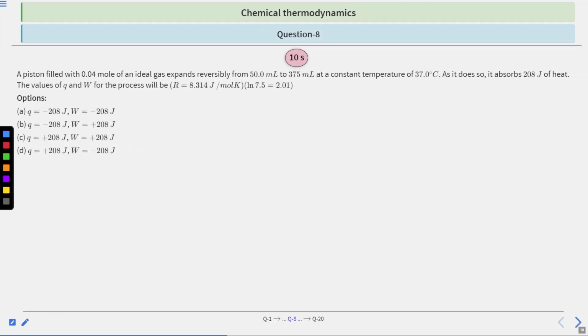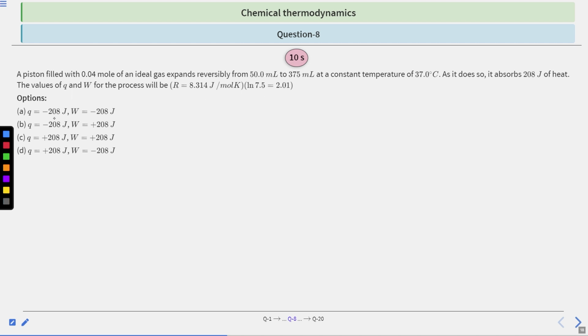Moving to question number 8. A piston filled with 0.04 mole of an ideal gas expands reversibly from 50 milliliter to 375 milliliter at a constant temperature of 37 degrees Celsius. As it does so, it absorbs 208 joule of heat. The value of Q and W for the process will be, given R value and ln 7.5 value.